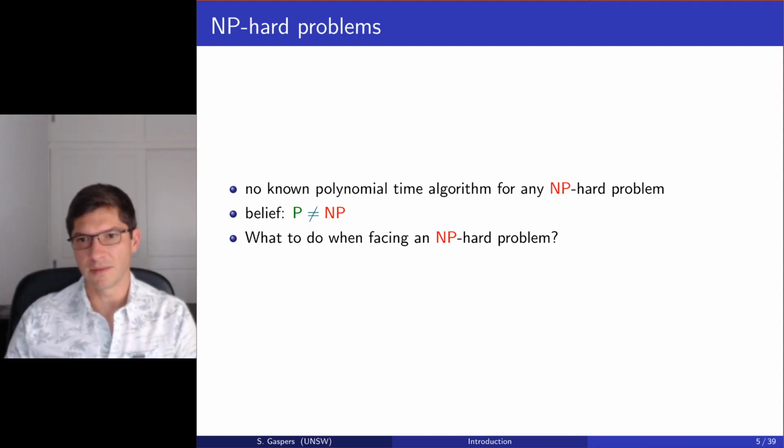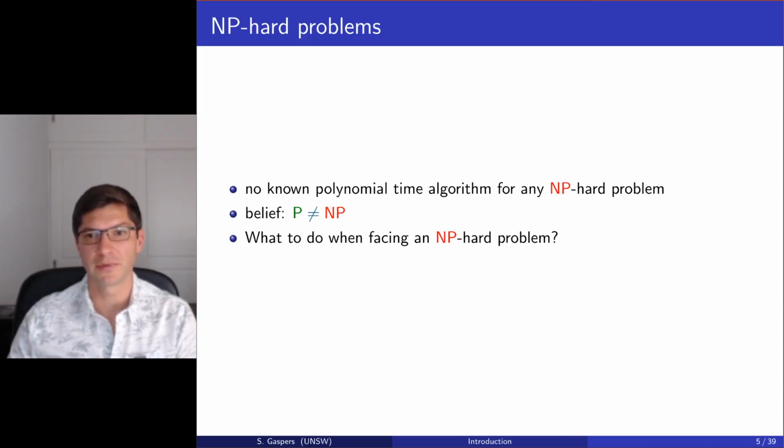So it's a big hurdle to solve an NP-hard problem in polynomial time, and nobody has managed to do it so far. So what else can we do? Should we just give up, or can we use other approaches to tackle these problems?